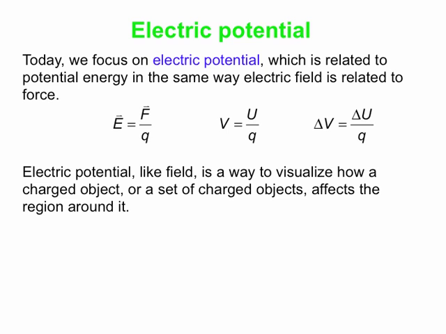There doesn't have to be a charge at a point for there to be an electric potential there. If you want a force or you want a potential energy, you have to put a charge at the point where you're interested in. But field and potential exist at a point independent of whether there's a charge there or not. It comes from all the other nearby charges.